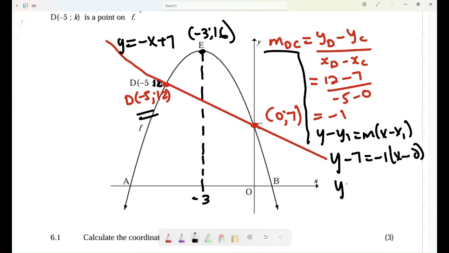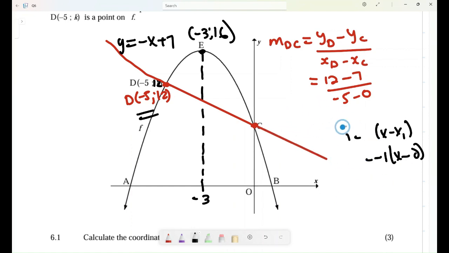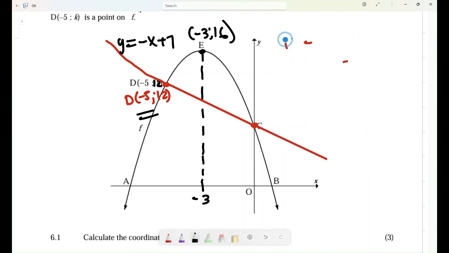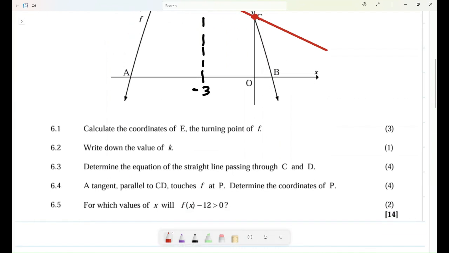So it's going to be y is equal to -1 multiplied by x, it is -x. Then you take this 7 to the other side, plus 7. So whichever you use, that's the answer there. Our answer is y is equal to -x plus 7. Here is our straight line, it is that one.